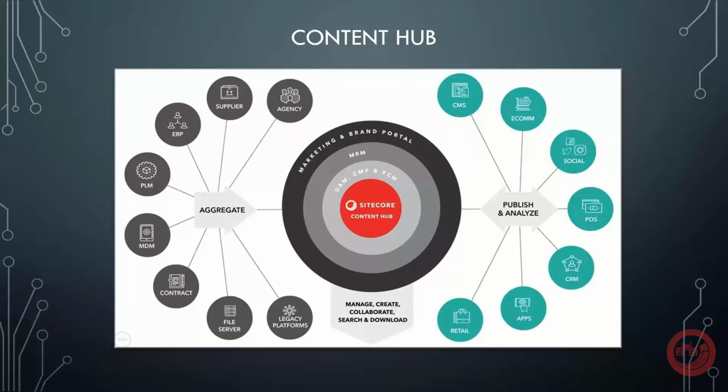So for example, like you see on the left side on the slide, any organization has most of these source systems in their enterprise ecosystems, like legacy platforms, file servers, mobile device management, product lifecycle management, supplier agency, etc. But Content Hub stores all this content in one place. Right? It's like a one-stop shop, so that it can be consumed by various systems in an omni-channel world.